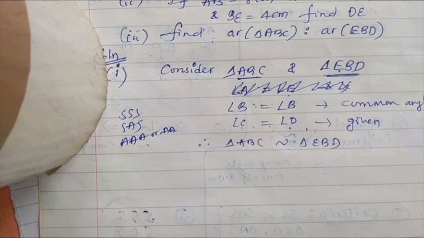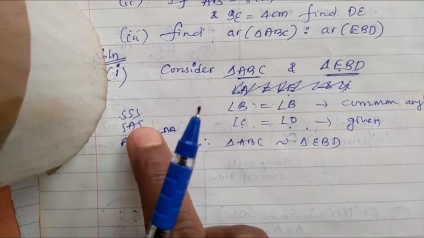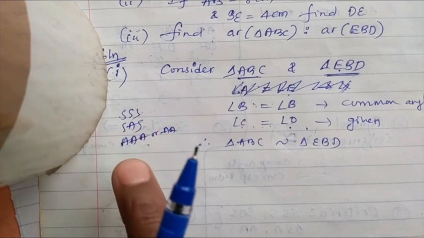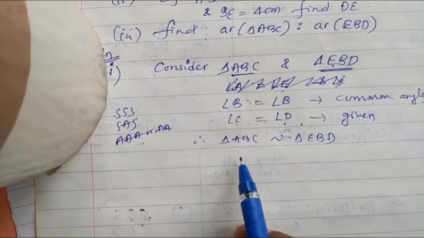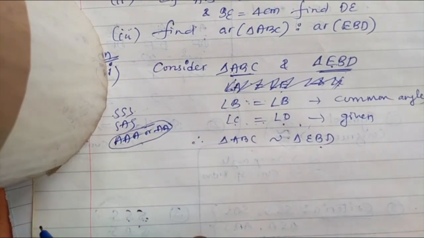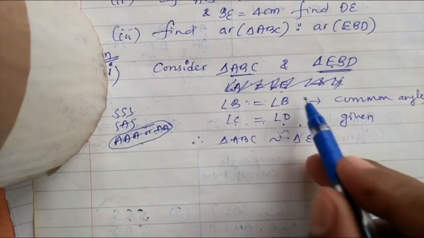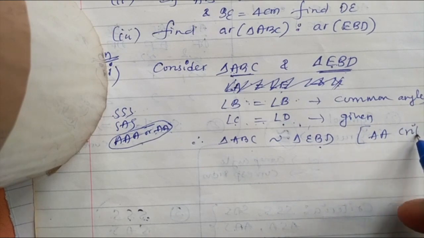When you use corresponding sides, your mind should say ratio. Corresponding sides, ratio. Angles, equal. So here two pairs of angles are equal. Therefore we can say the triangles are similar because we have one criterion, that is AA. When we prove two angles are equal, give the reason. AA criterion.